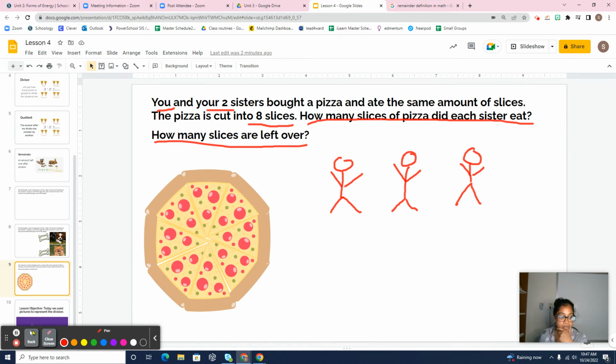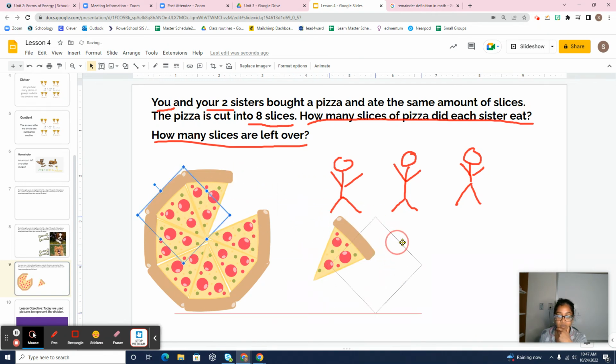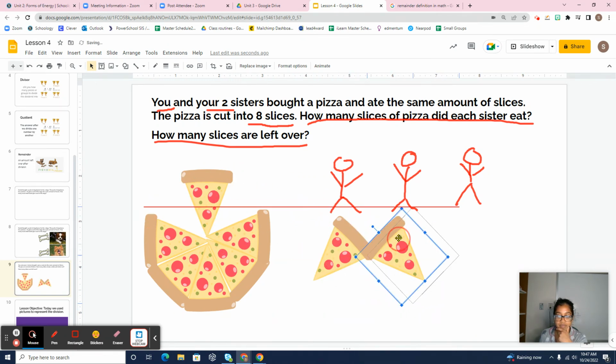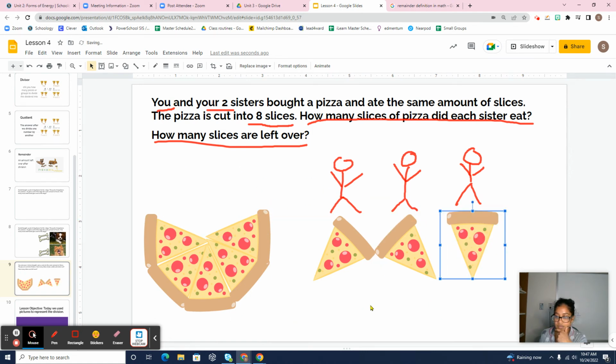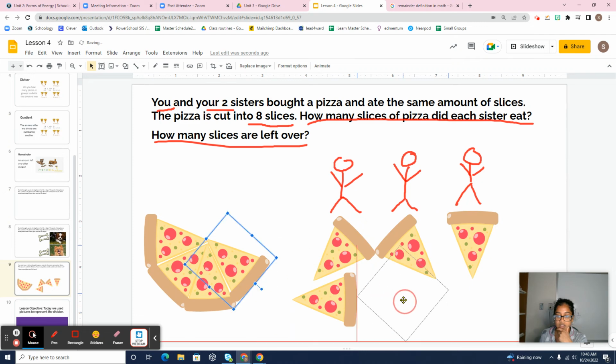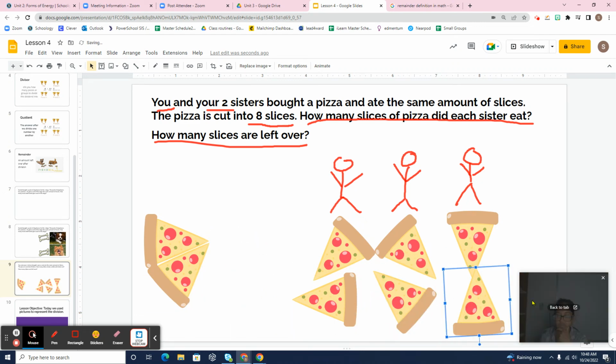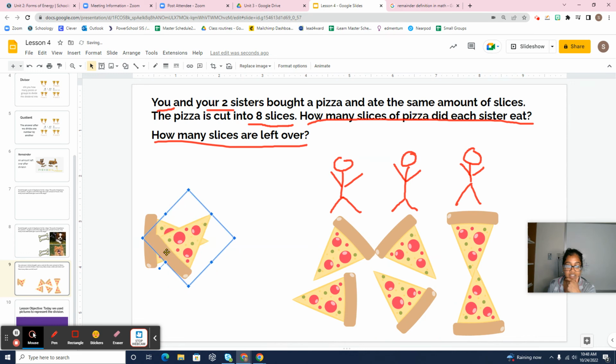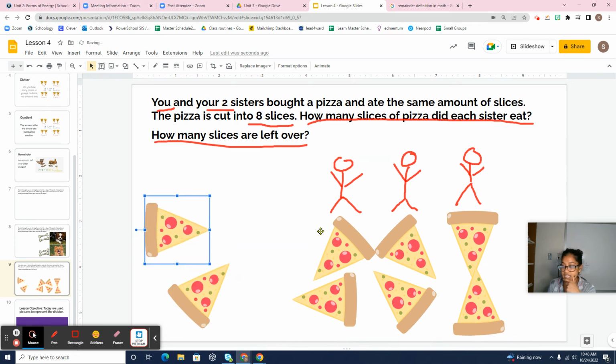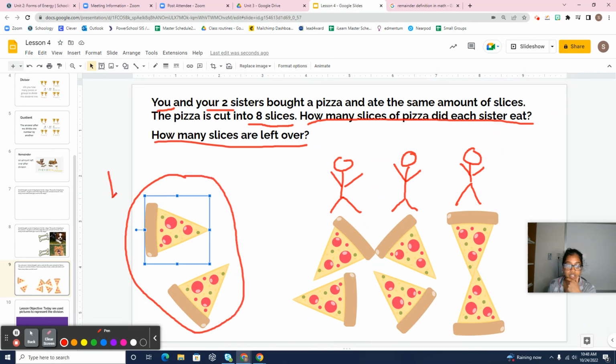So let's divide our pizza up. We're going to take one slice and give one slice to each person, right? And then we have enough for more. So we have one group there, one group here, and one more here. But if I look on here, I only have 2 slices left. And I'm pretty sure my sisters would be pretty mad if one of us ate more pizza than the other, right? So how many pieces of pizza do I have left over? I have 2 pieces of pizza left over. So here is what is left over.